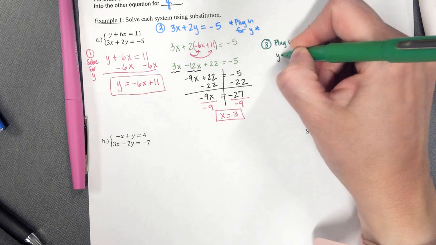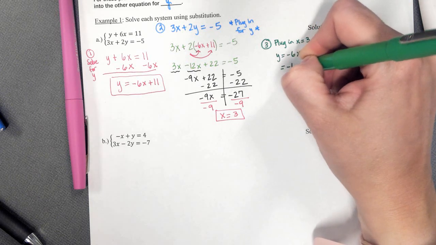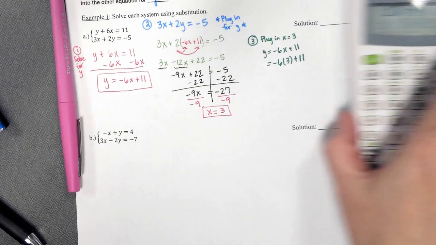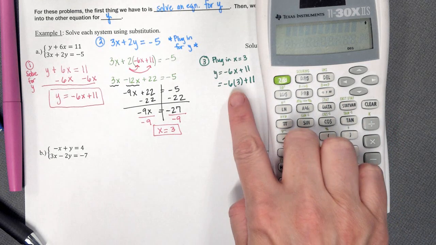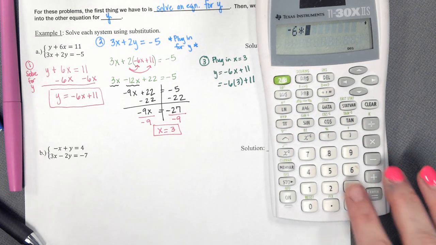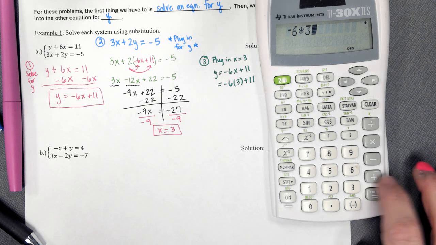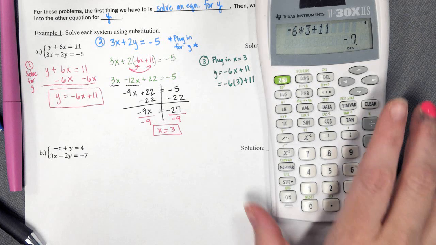So you could do y equals negative 6x plus 11. And you could put that in your calculator all at one time. For some of you who are really good at your multiplication facts, you know that negative 6 times 3 is going to be negative 18 plus 11. Or if you want to put it all in at one time, you can.